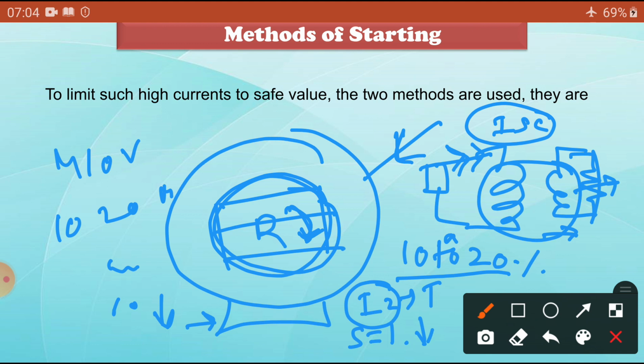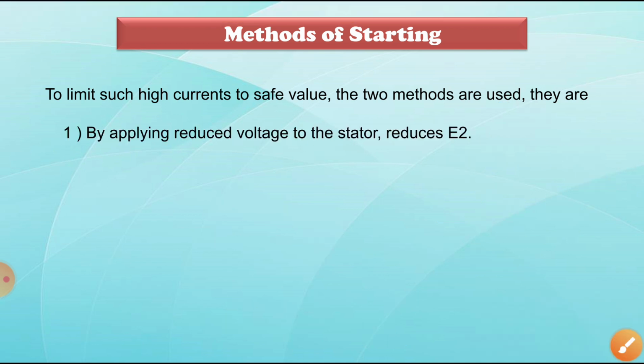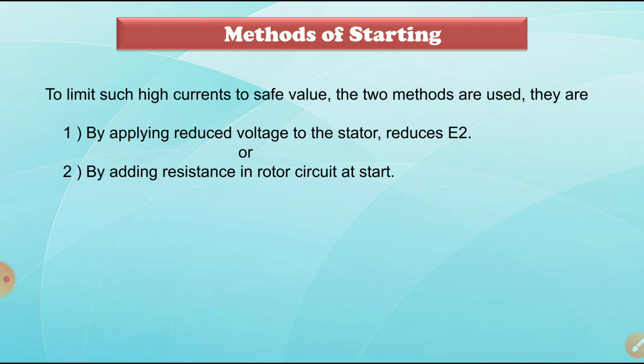Or if it is not possible to use the stator side, I can use the rotor side, by adding resistance. How are we going to control the rotor side? By adding some resistance in the rotor circuit.